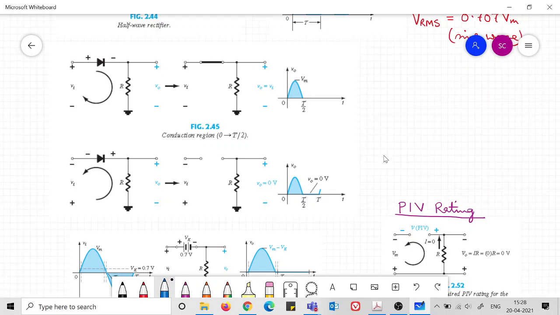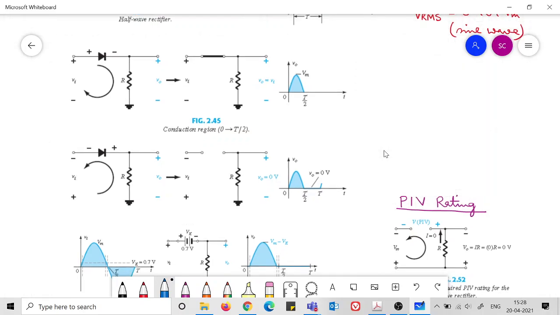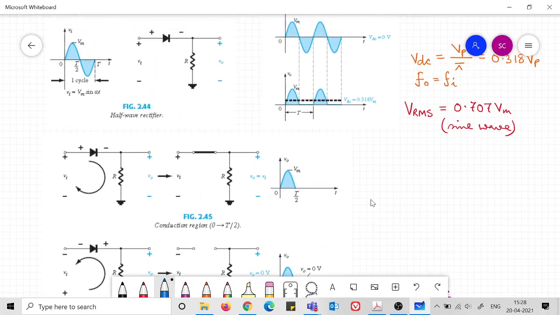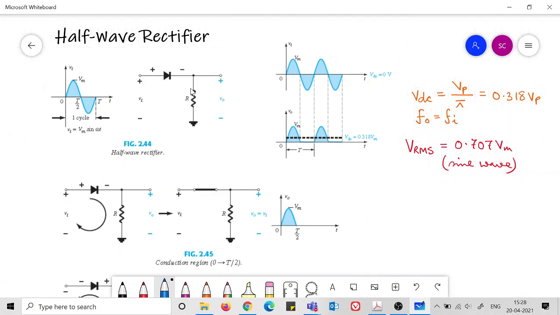Now for the purpose of numerical exercises, this sort of explanation is like rough work for you. If you are able to analyze it simply by seeing the circuit, you can do it. But if you need to break it down into positive cycle and negative cycle, you can also do it.